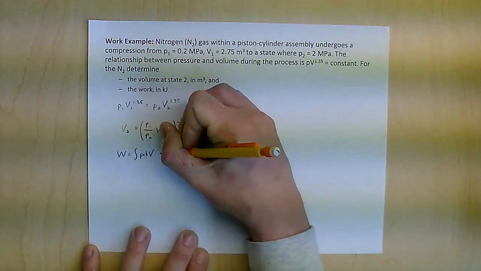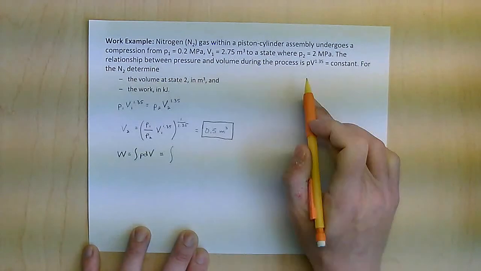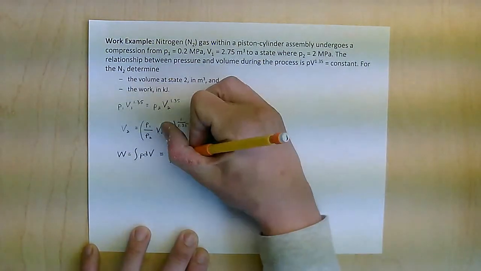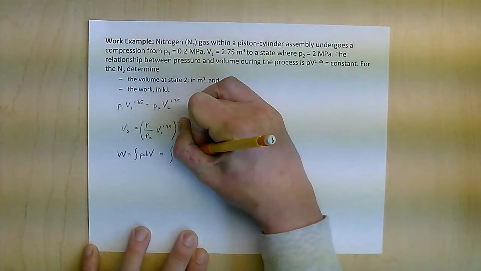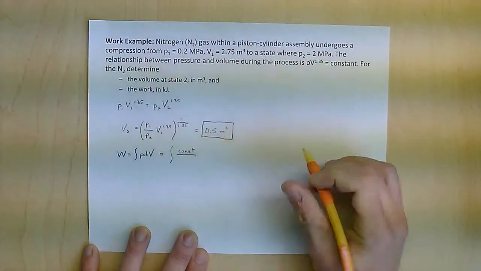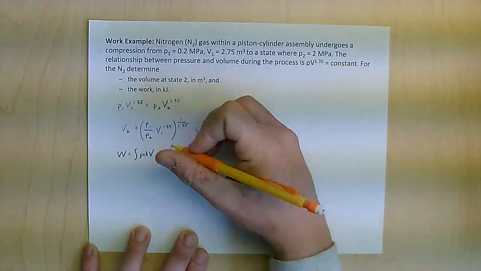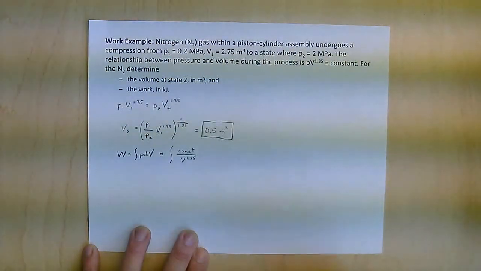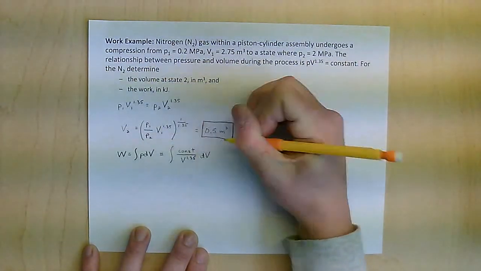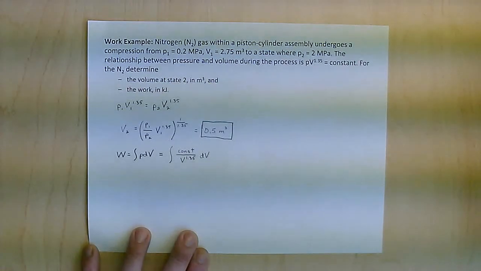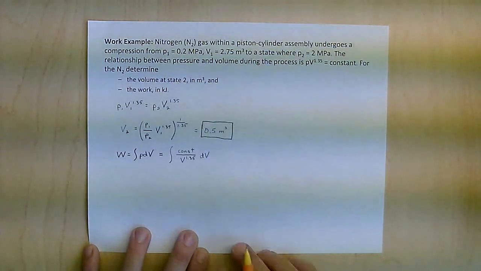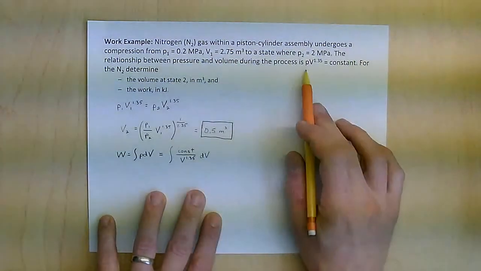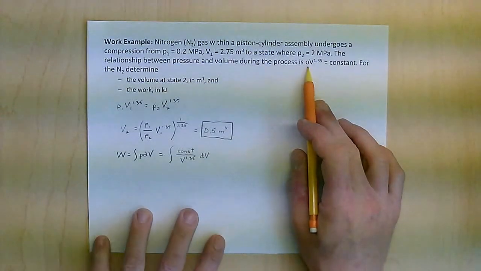So basically I'm going to plug in for P whatever the constant is, which we'll get to in just a second, divided by V to the 1.35 dV. So again, all I did was plug in what I know about P into here.